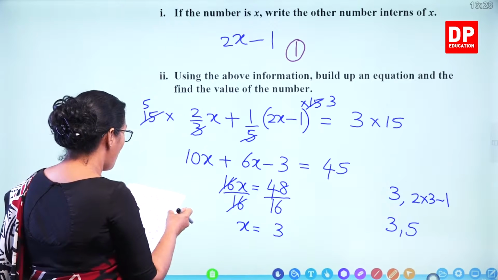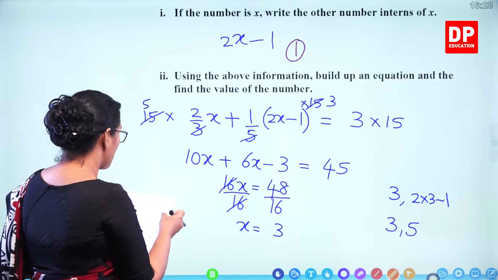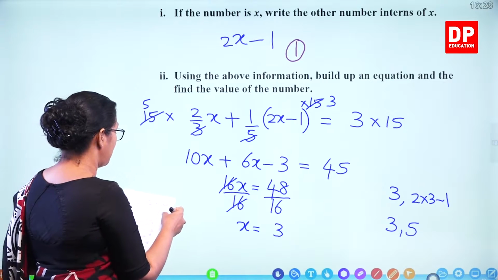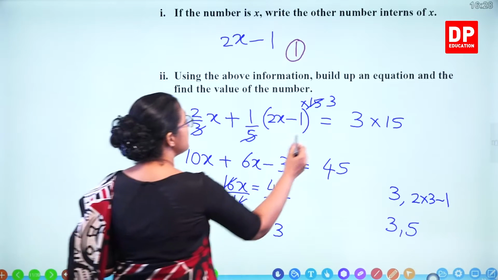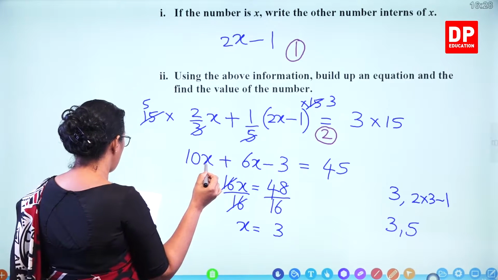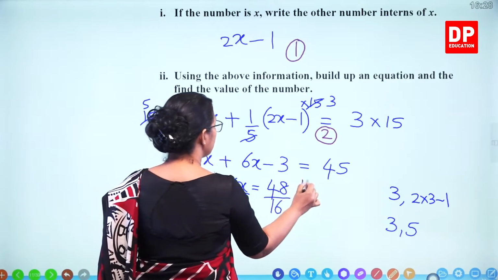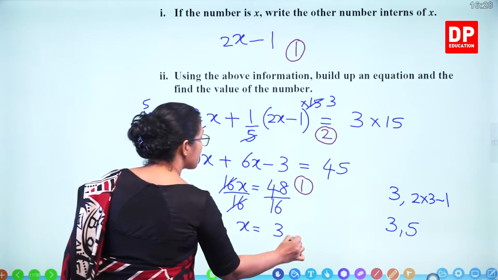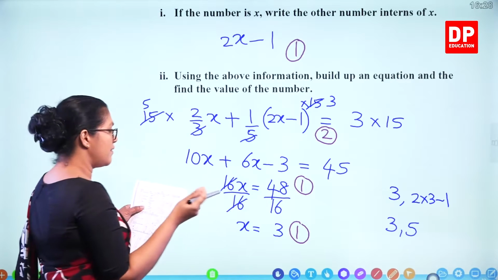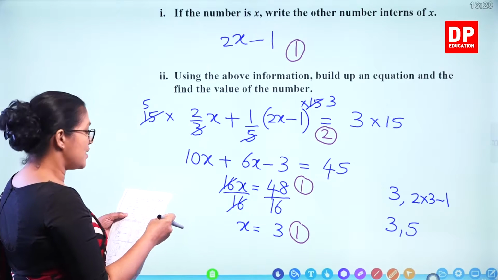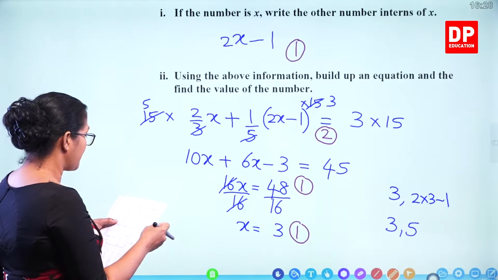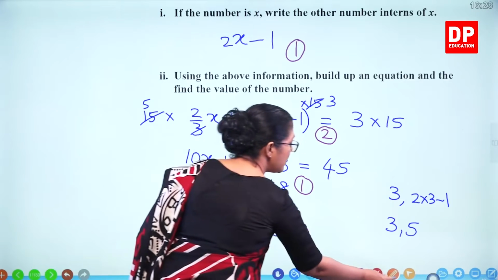And 4 marks for finding this. So creating this equation 2 marks and then solving another 1 mark and finding x 1 mark. So you can write down the other number as 5. So altogether 4 marks.